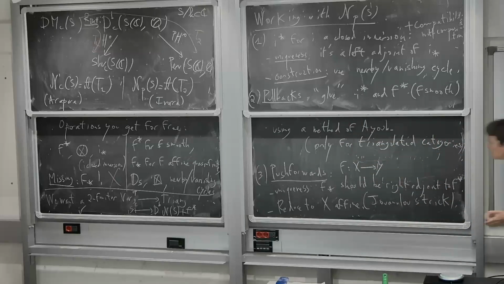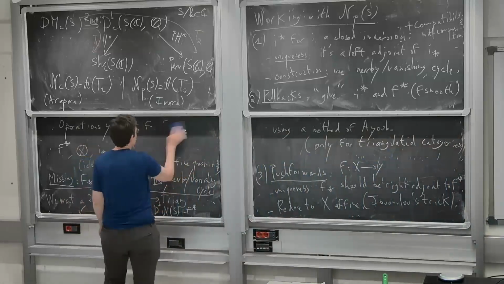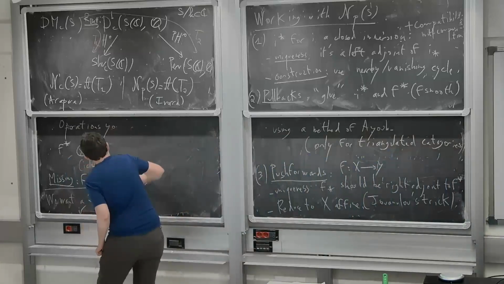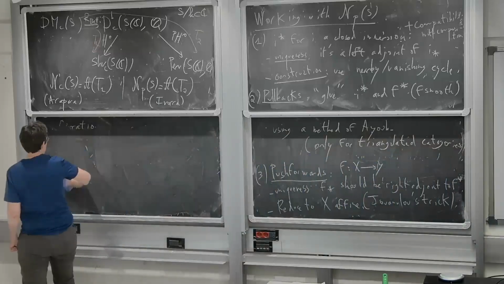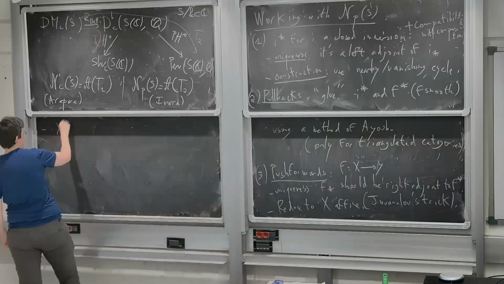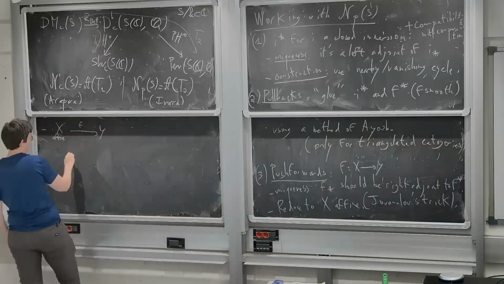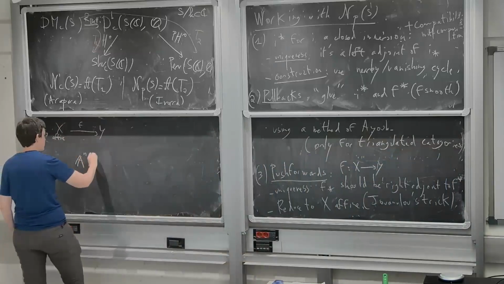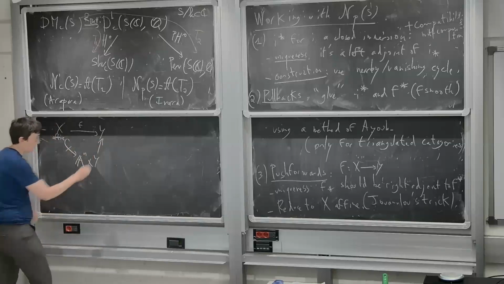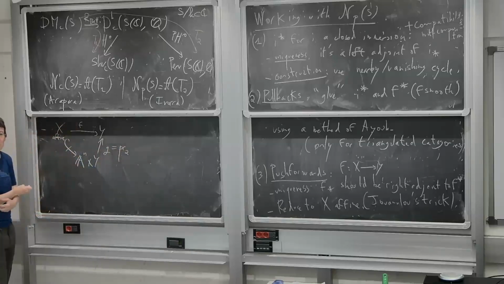Yeah. And the last thing, once X is affine, so you have X to Y, X is affine. So now that means that f is going to factor as a closed immersion times the second projection.